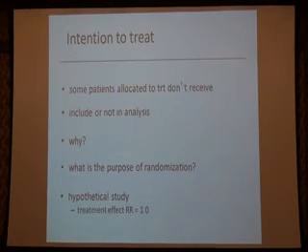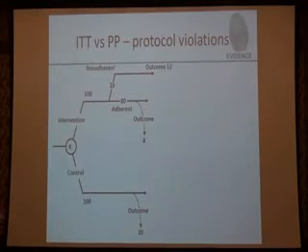Now, again, let's consider a hypothetical study where there was no effect. You randomize 100 and 100, 20 have the outcome in the control group. In the treated group, only 80 took the treatment, 20 did not. But we follow them, and of those 20 who did not, we know that 12 had the outcome.